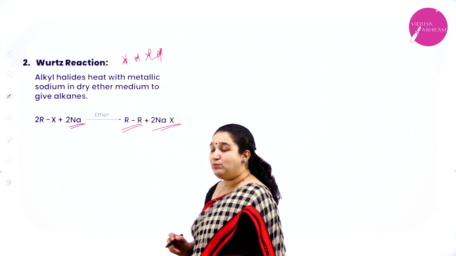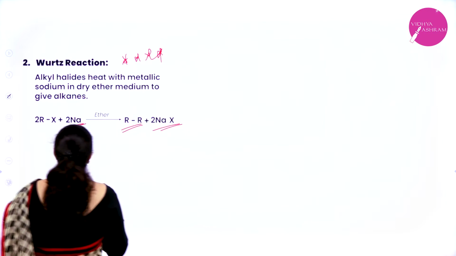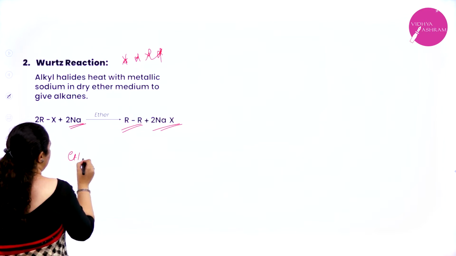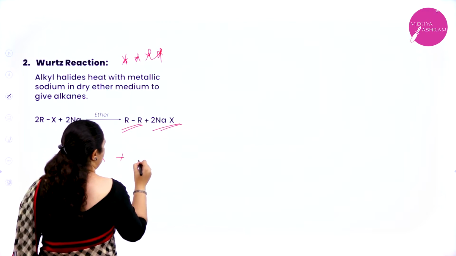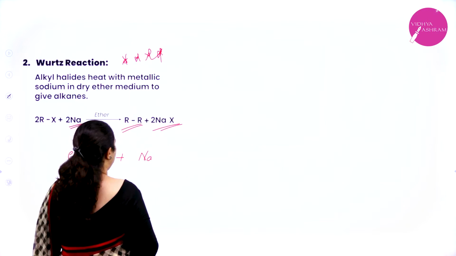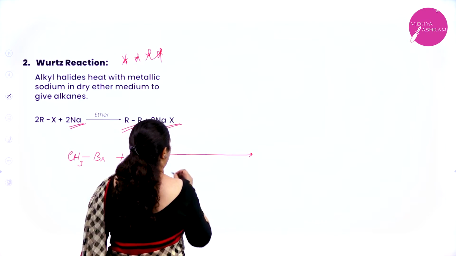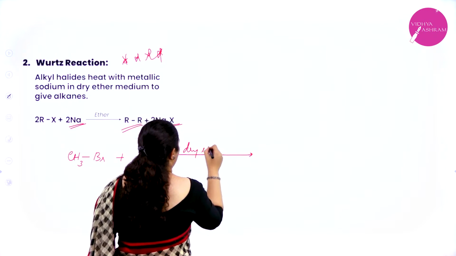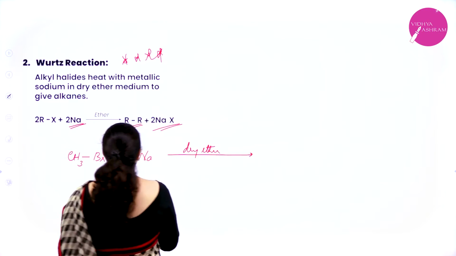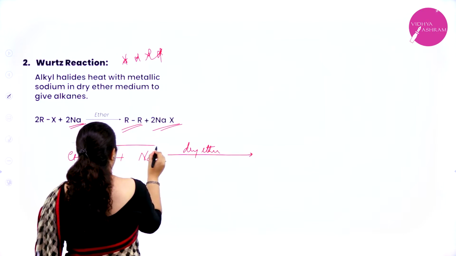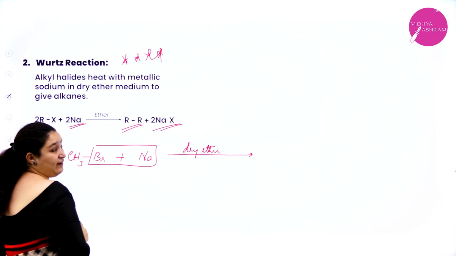So we'll write an example to understand better how exactly the alkane is formed. Okay, I'll take CH3Br plus sodium metal, in the presence of dry ether. What will happen? Sodium will go with bromine. Now if you observe here, we have written 2 and 2 to balance.